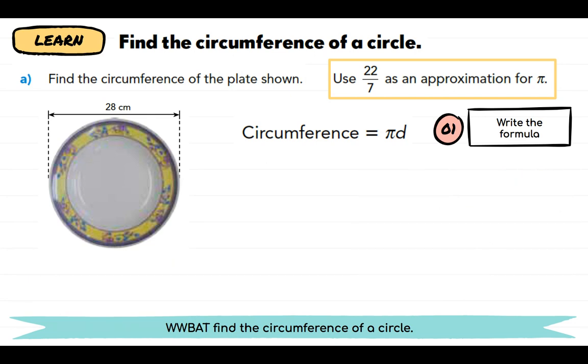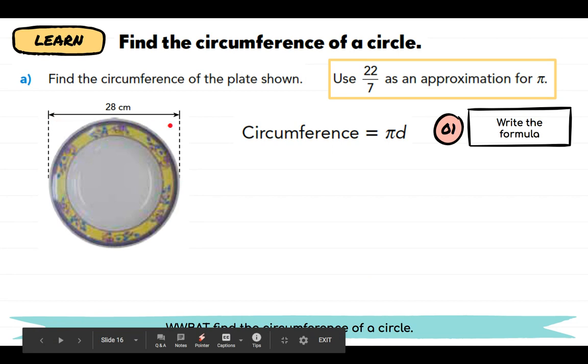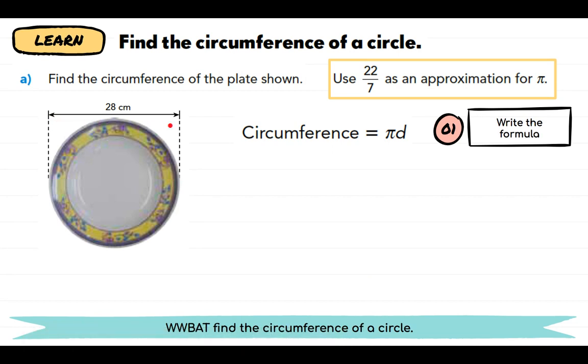Just to review one more time, what I did was write down the formula. Because the question gave me the diameter of the plate, I wrote the formula circumference equals pi d, where d means the diameter.